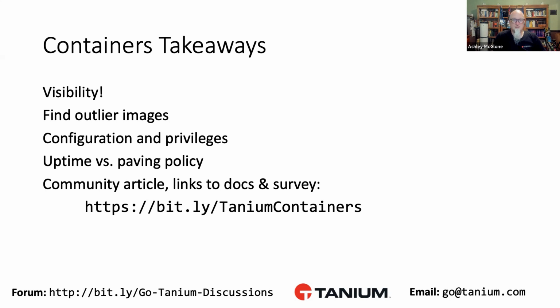They're outliers because they've been running too long, or they're not running the right gold image, or all those things that you don't necessarily want to find, but you need to find in your environment, right? And you can also find those configurations that are different, or those machines that are running with policies or containers that have too much granted to them. So those are some of the capabilities that we're giving you in this first time out of the box experience.